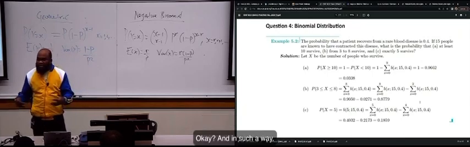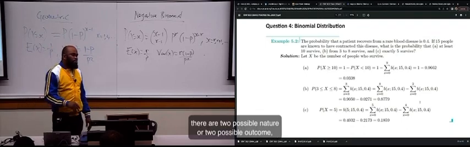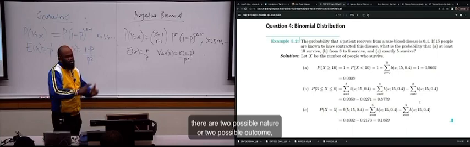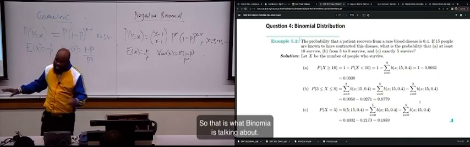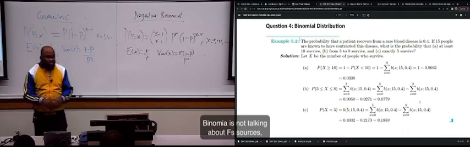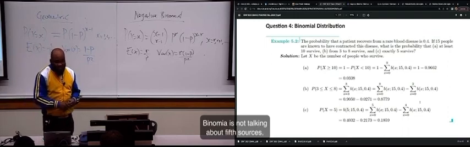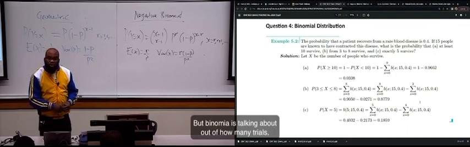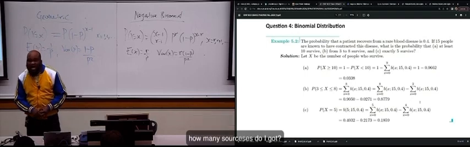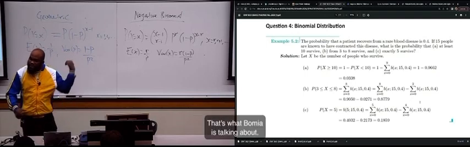There are two possible outcomes, either success or failure. Binomial is not talking about the first success or the fifth success. Binomial is talking about, out of how many trials, how many successes do I get? Does that make sense?